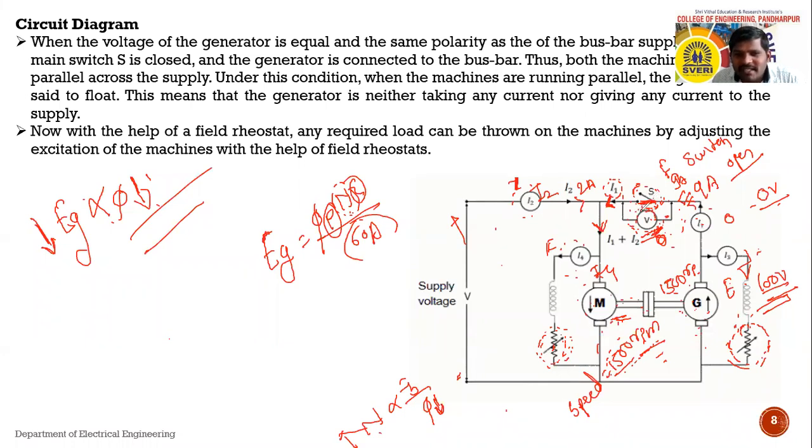And once the switch is closed, the current generated by the generator flows here, and the current taken by the motor is the sum of this output current of the generator and a minimum amount of current taken from the supply, right?